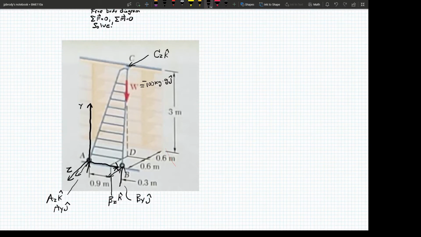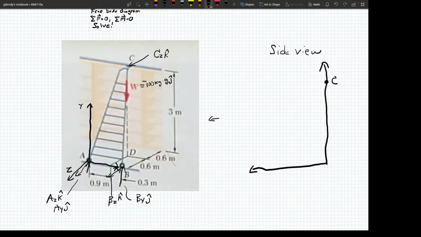One thing I wanted to do was a side view of this, just to look at the force due to this W. So if I look at a side view, this is the point C. This is a side view looking at this angle: this point C, and then points A and B would be right here on top of one another.